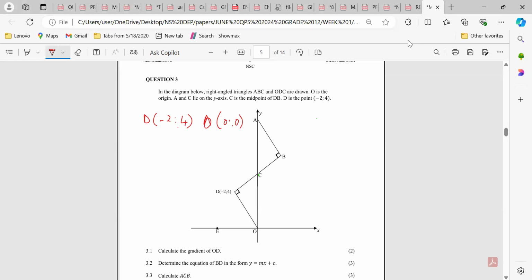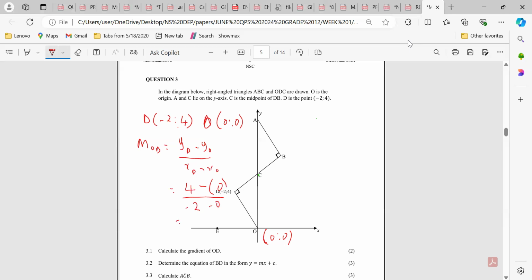So we're going to go to m of OD, which is going to be given by y of D minus y of O, all over x of D minus x of O. And then you check: y of D is 4 minus 0, all over -2 minus 0.